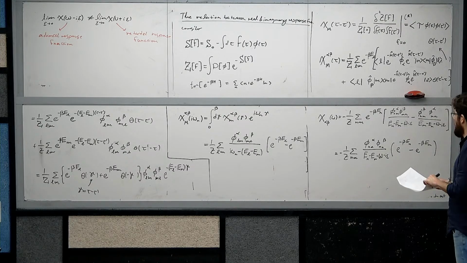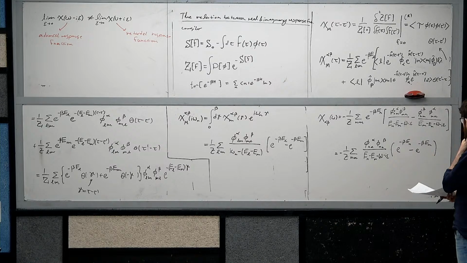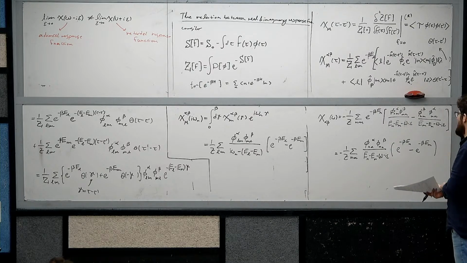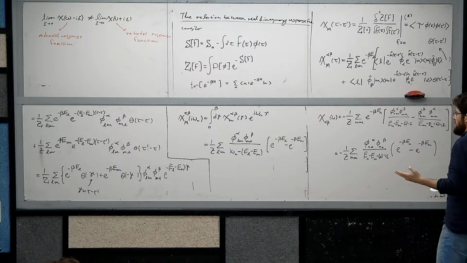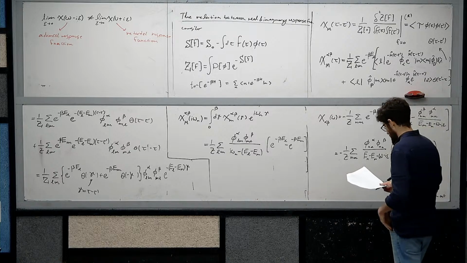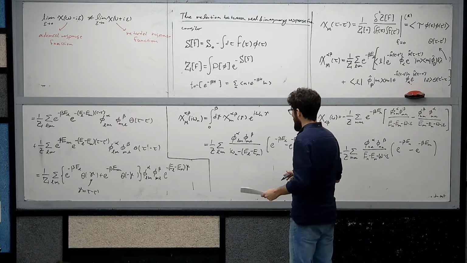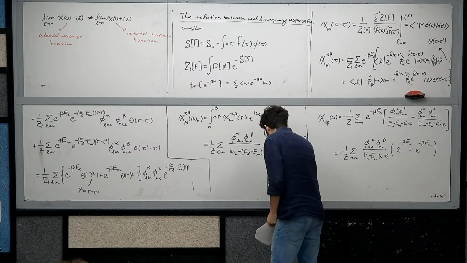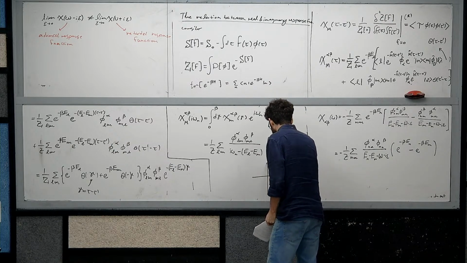Okay. So now, what's the big point here to be made? The big point to be made is that we find that these two expressions are actually identical under the substitution. So let me try and make a connection between these two.